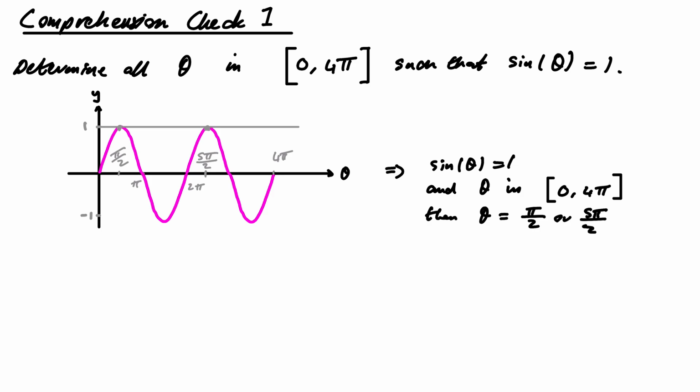And just again to reiterate, 5 pi over 2 is equal to pi over 2 plus 2 pi. Okay, so we've restricted to be between these two, so we're able to isolate only two values.